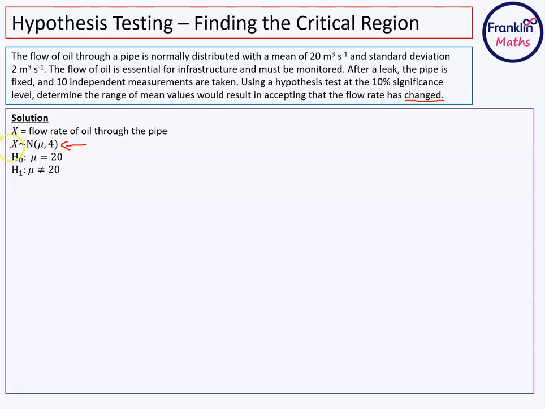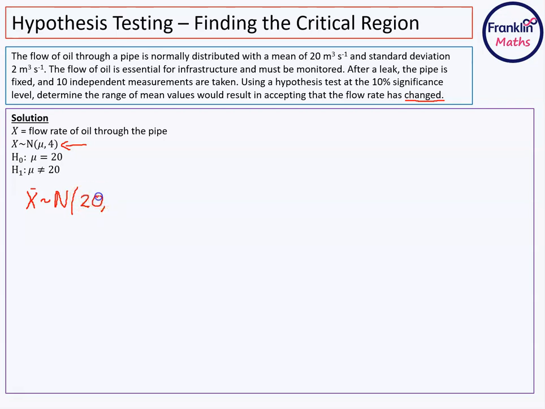Okay. So we're going to start as before. First thing we're going to do is change the distribution ever so slightly. This is work that we looked at before on the distribution of the sample means. So the mean is still going to be 20.